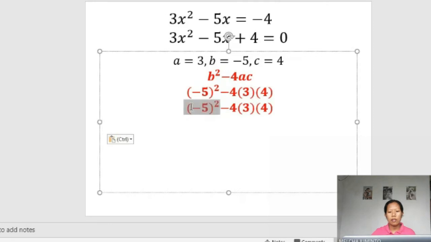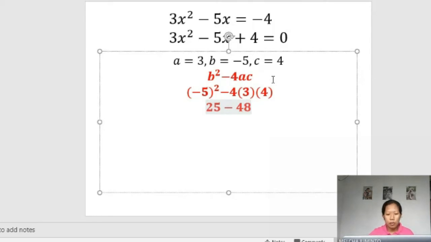We can now square negative 5. Negative 5 times negative 5 is positive 25. And then we need to multiply negative 4 and 3. Negative 4 times 3 is negative 12. Negative 12 times positive 4 is equal to negative 48.